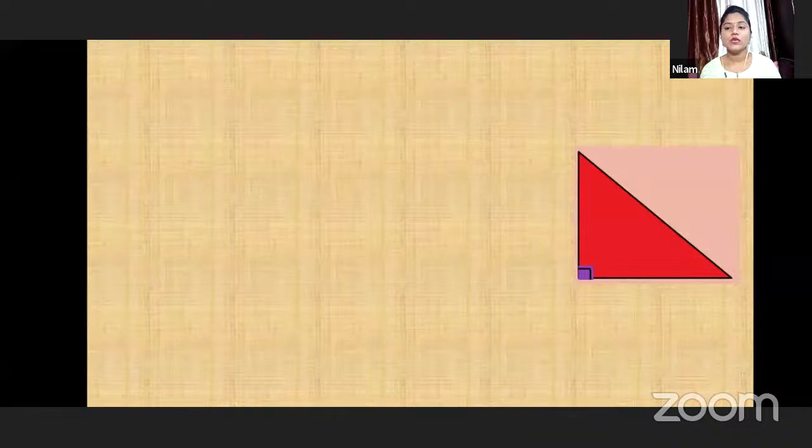Now, see, you can see a right angled triangle. It has two dimensions, base and height. If we give measurements to it, if the measurement of one side is A and the measurement of another side is B, then how will we write the formula? Let us see.